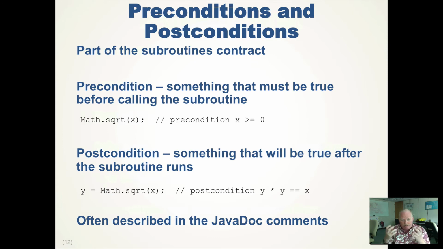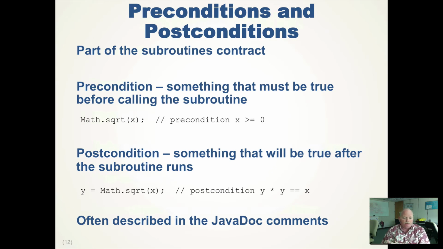That's sort of the contract. This subroutine promises to do something. So the postcondition on Math.sqrt is that the return value squared is the value of the parameter passed in. The return value will be the square root of the parameter passed in. You can often add the precondition and the postcondition to your JavaDoc comments.